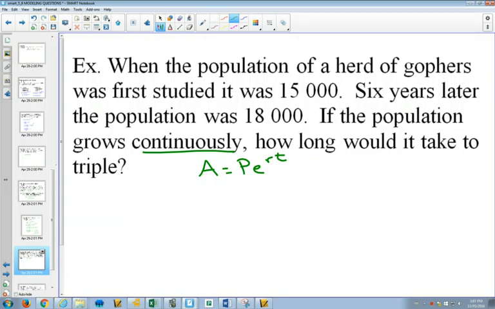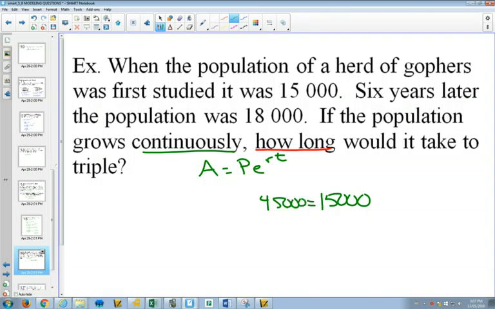The question is asking for how long. Normally as a student, when you're asked how long it takes to triple, you would try to fill things in. You would probably start with, let's say I started with 15,000, tripled would be 45,000.